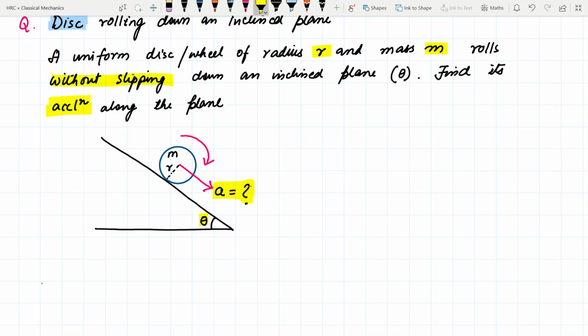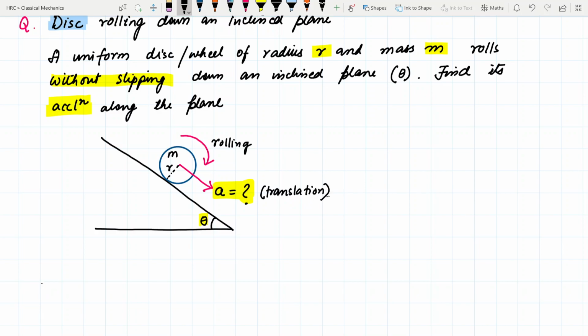Now, the first question we did last time was related to sliding motion. It was just translation. Here there are 2 kinds of motion happening. One is the rolling motion, and as a result of rolling, a translation is happening, moving in a straight line.